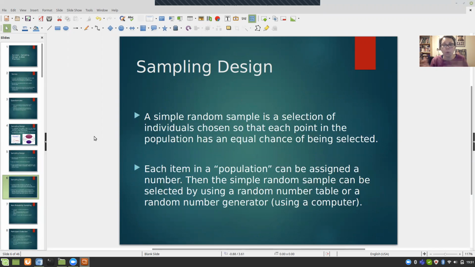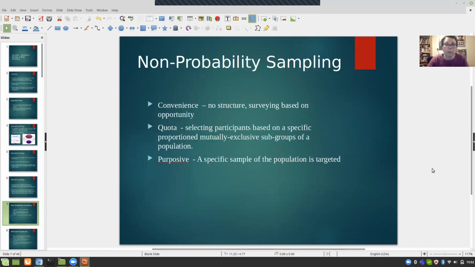That is just a simple random selection, and that's very common. But a lot of times you want to be more specific than that. So some of the other ways that you can sample generally fall under this banner of non-probability sampling.